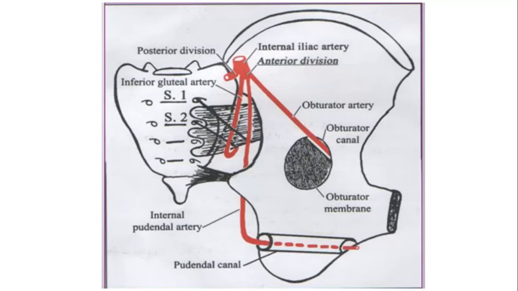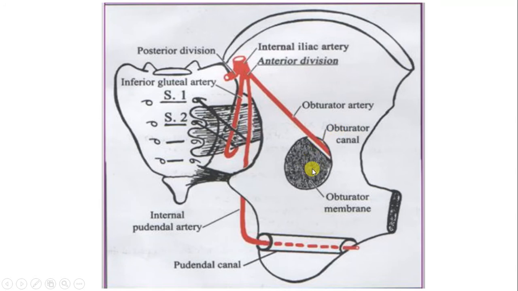Now here, we are saying that it is the internal iliac artery. Here is the anterior division and here is the posterior division. From the anterior division, here is the inferior gluteal artery, which we were seeing anastomosing in the trochanteric and the cruciate. But here is another artery from the anterior division moving towards the obturator membrane and entering into the obturator canal.